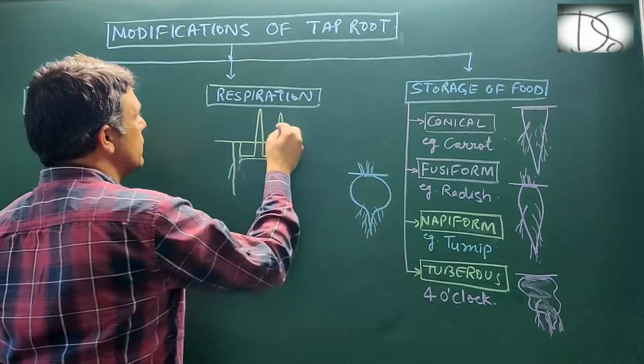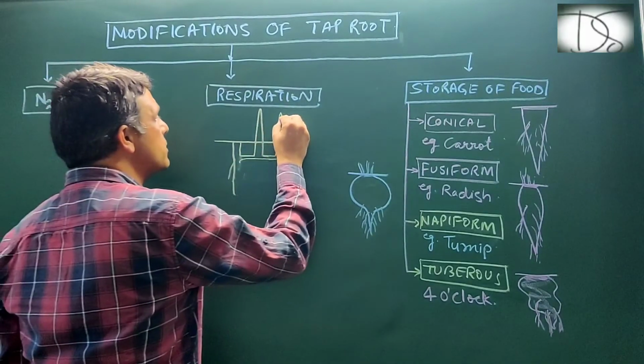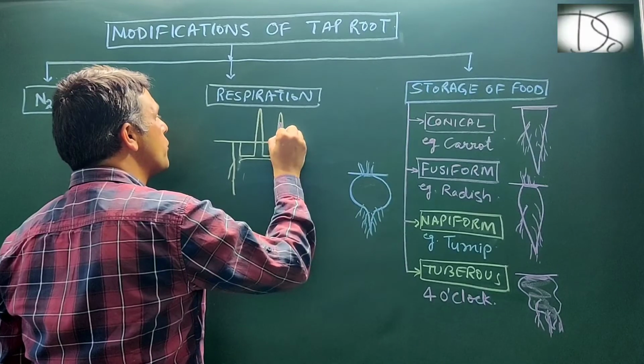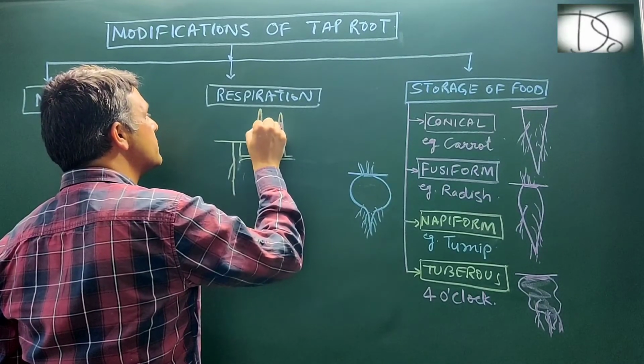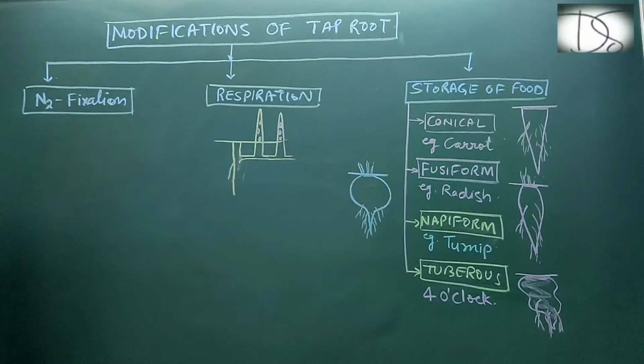And these roots have some specific type of pores which we call lenticels, which are responsible for the exchange of gases.